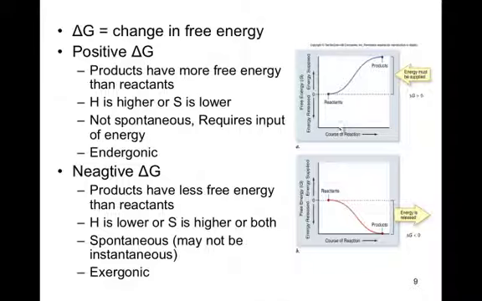So take a moment to diagram this for yourself. A positive delta G, use the figures on the right as a guide. Energy's got to be put in to have a positive delta G. We can't get more energy in a system unless we put it in, and thus it's endergonic and we're going to have a positive delta G. Take a moment, get this sorted in your head. It's very important for us to understand.